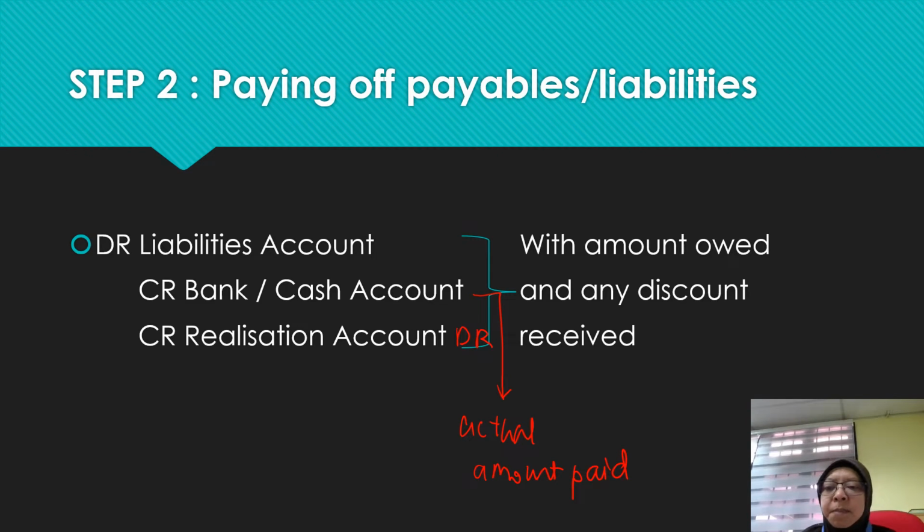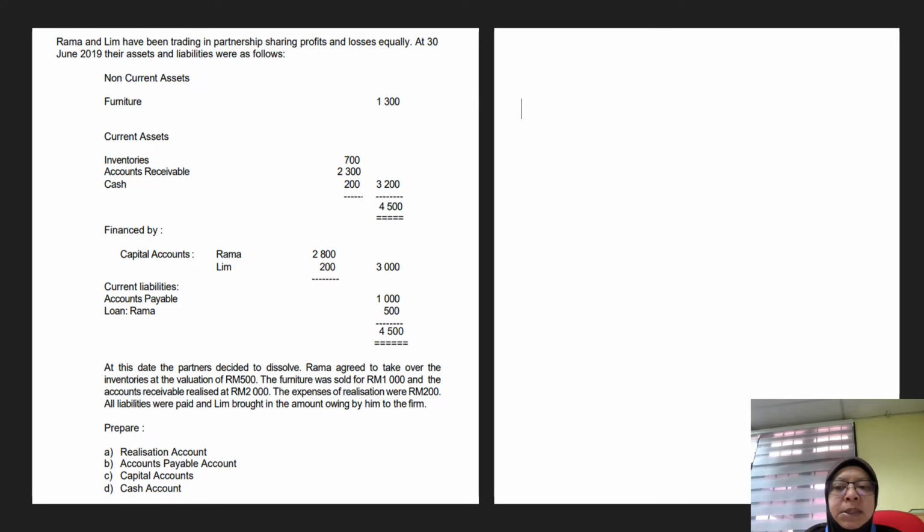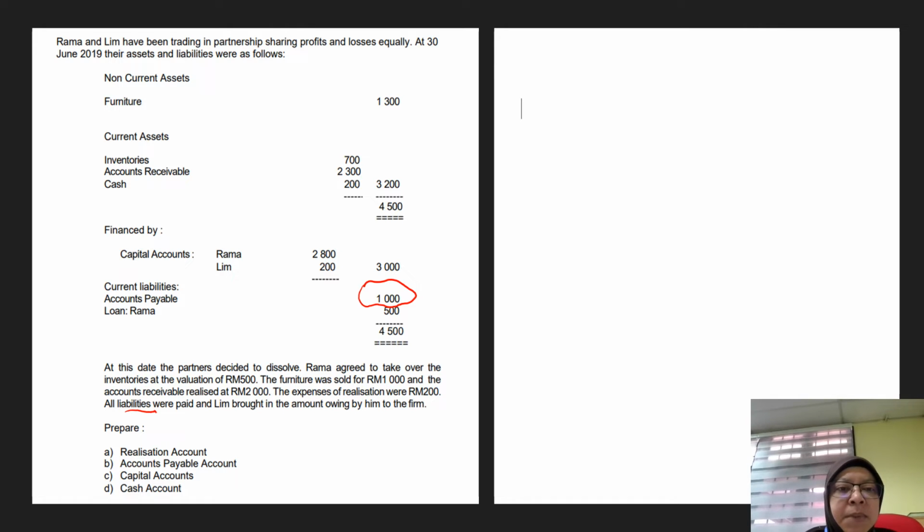Okay, based on the next example, suppose the amount of payable is 1,000. From the statement, they mentioned that the liabilities will be paid. Suppose this is our account payable.